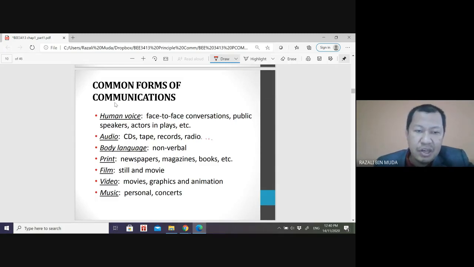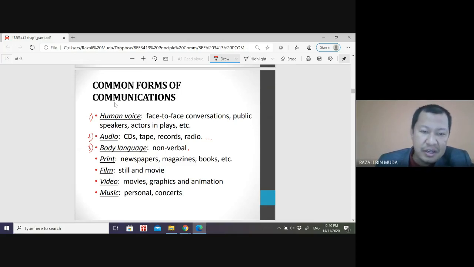The third is body language, non-verbal, bahasa isyarat. You can also use body language or sign language to communicate, to transmit information.